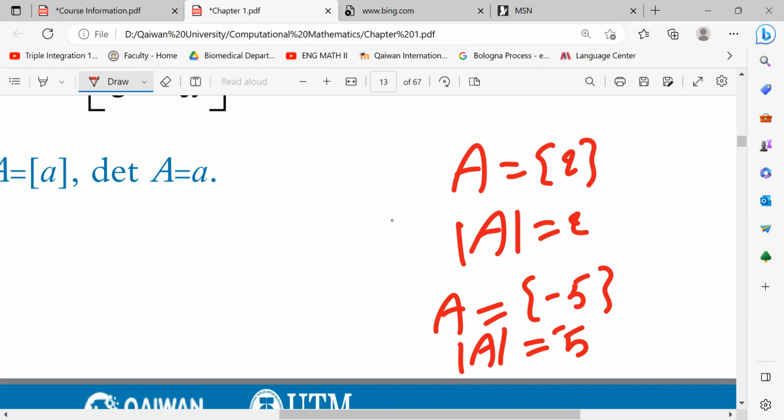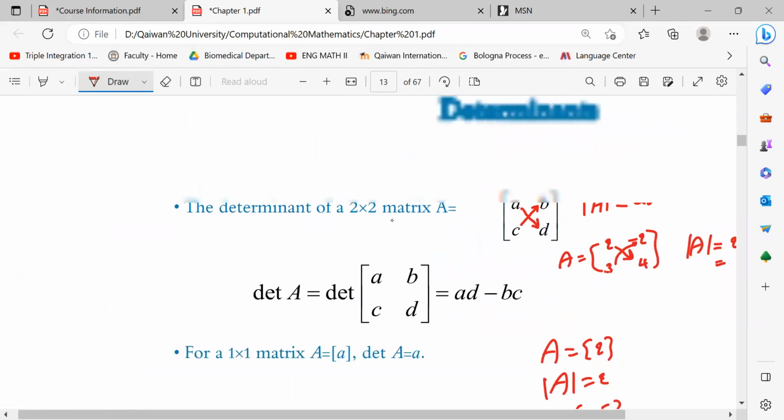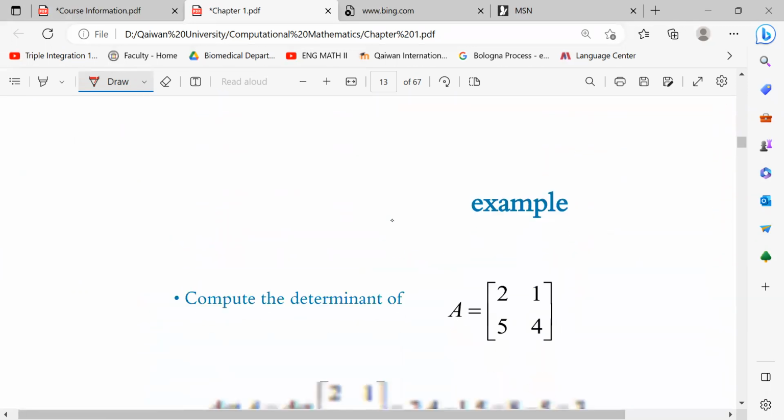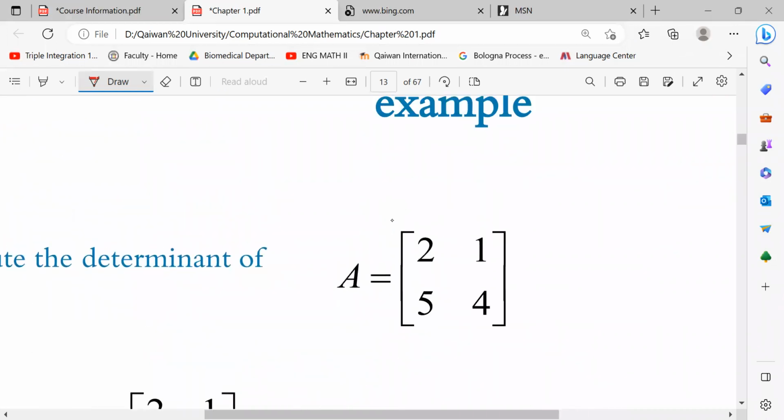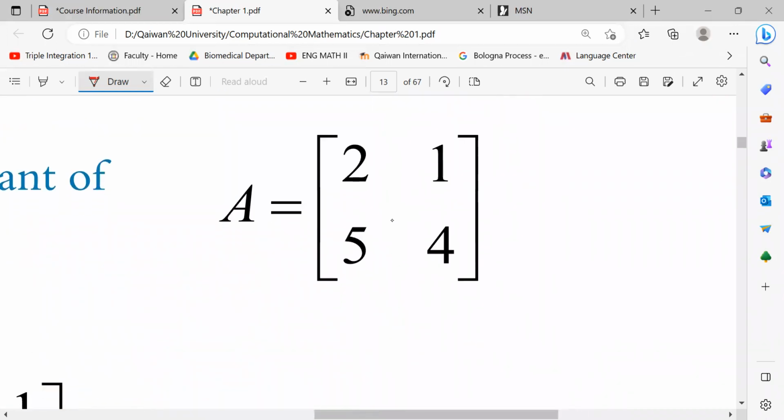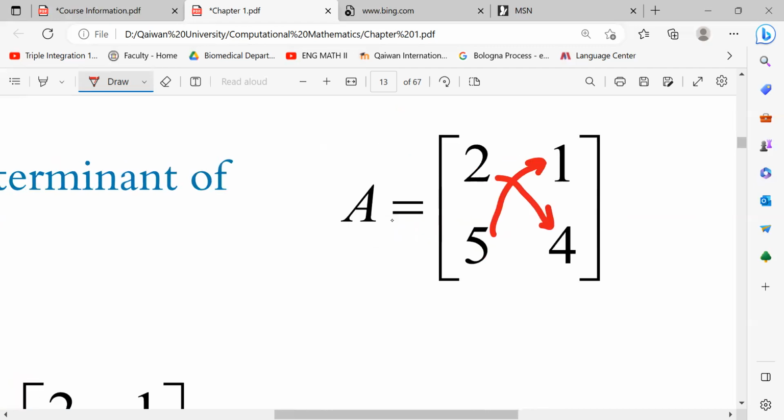That's the element itself. That's how to find the determinant of 1 by 1 or 2 by 2 matrices. Here we have this example. The determinant of this matrix is 2 times 4 minus 5 times 1.